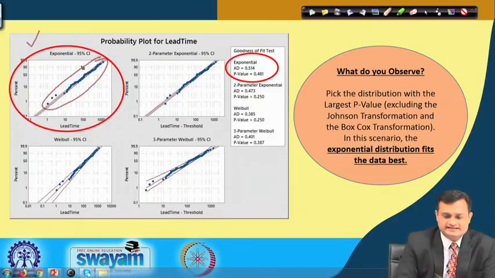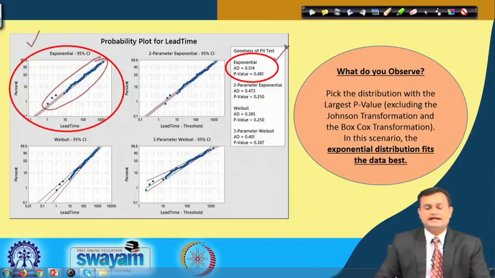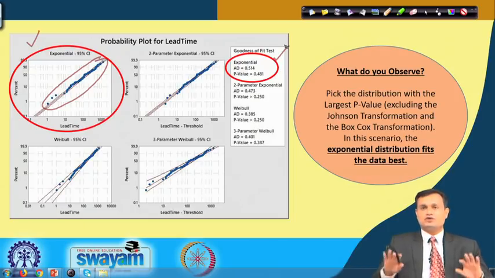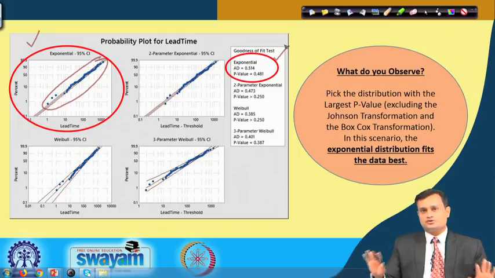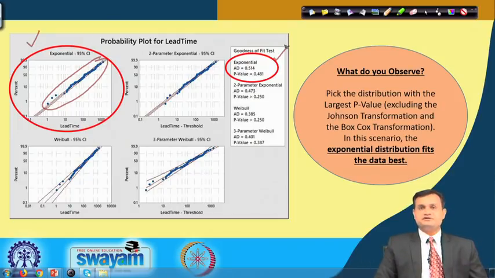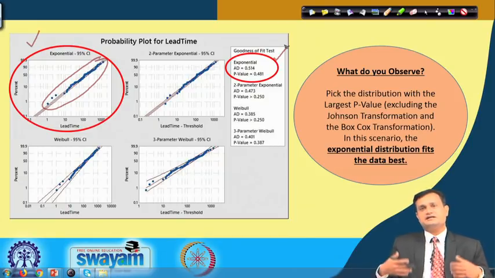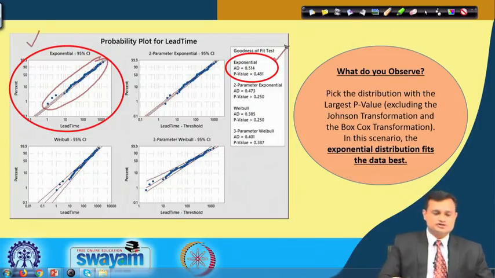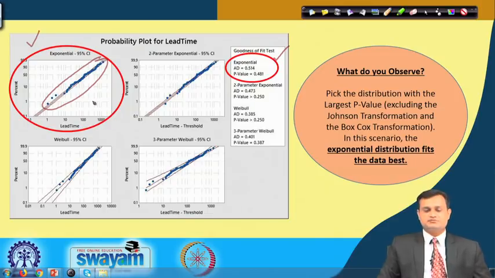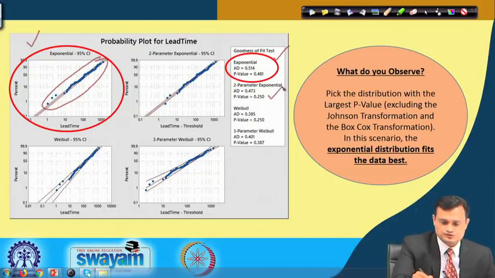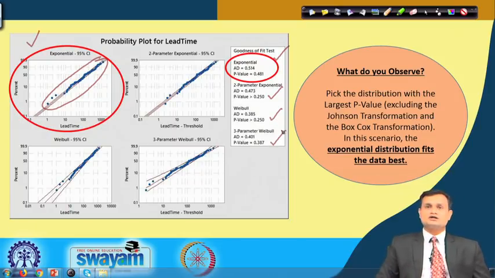You can also verify this here: the Anderson-Darling value is 0.514, which is quite acceptable. We have not discussed this test in detail, so leave it, but you can at least refer to the p-value 0.481. This is greater than the alpha, which is 0.05 in this case, so it is acceptable. Visually it is acceptable, as well as statistically, and in all other cases, the p-value as well as the Anderson-Darling value do not conform.